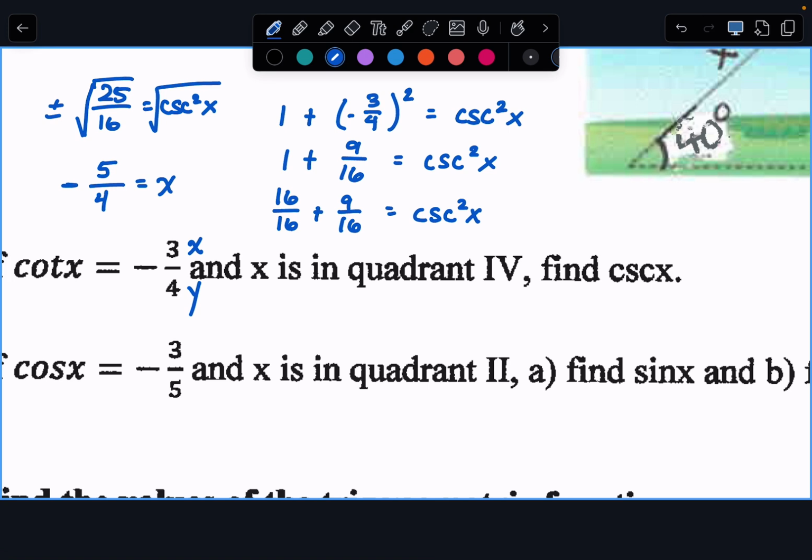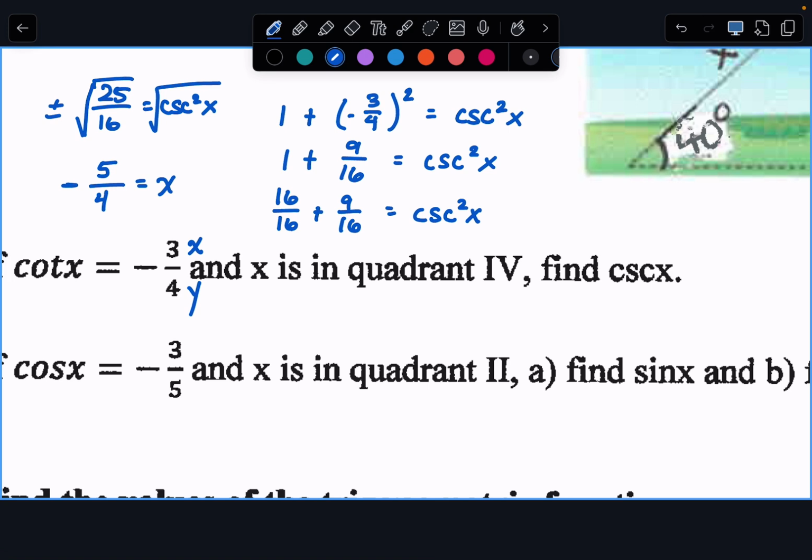Could you do it the normal way for the second one? Yeah, so if I'm thinking about cosine is what over what? x over r. Sine is y over r. So if I worked this one out, I could find y.